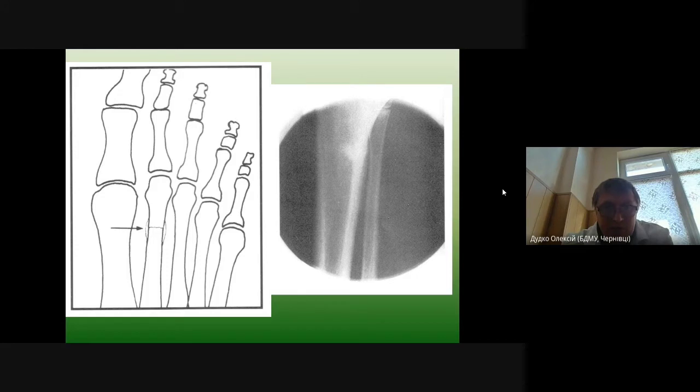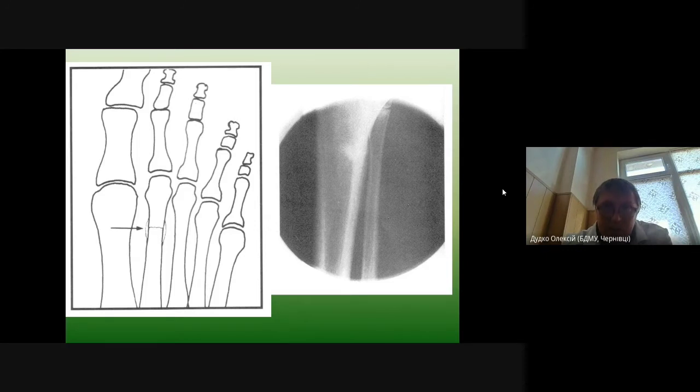For this sense, you should know average periods of time that every fracture needs for healing. So if we're talking about this type of fracture as metatarsal bone, which is not displaced, the second metatarsal bone, we're talking about 3-4 weeks of fixation by POP bandage is enough. Doesn't require circular bandage.